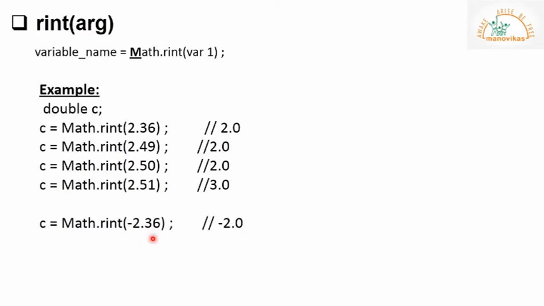Look at the negative example, that is minus 2.36. It is a little tricky to understand on the negative side, like you can understand it in two different ways, but you have to keep the number line in your mind.